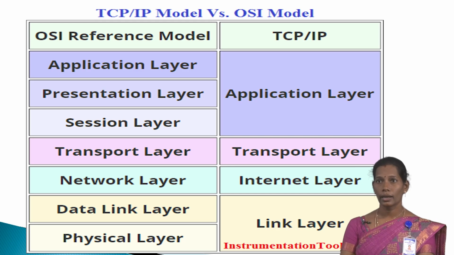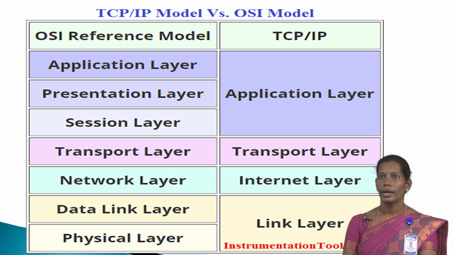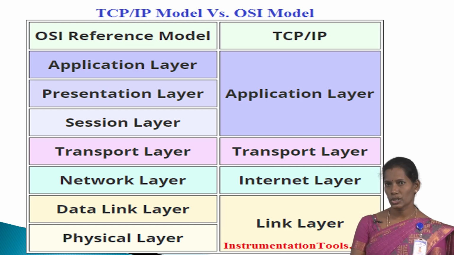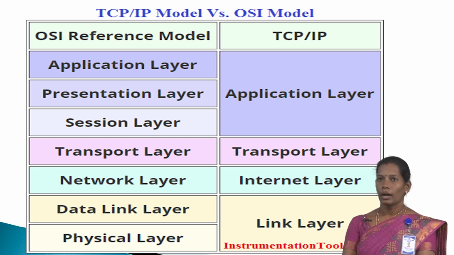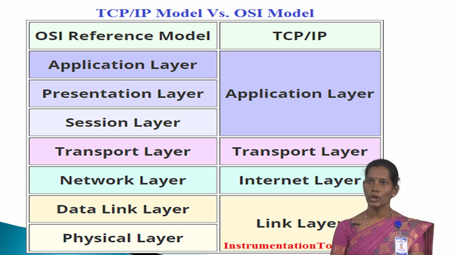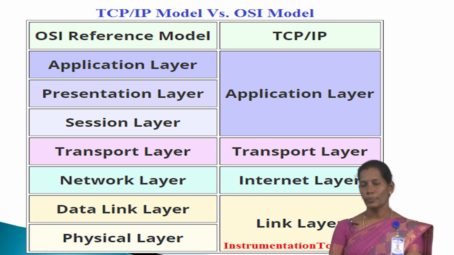TCP/IP is a hierarchical protocol made up of interactive modules and each of them provides a specific functionality. Here, hierarchical means that each upper layer protocol is supported by 2 or more lower level protocols.